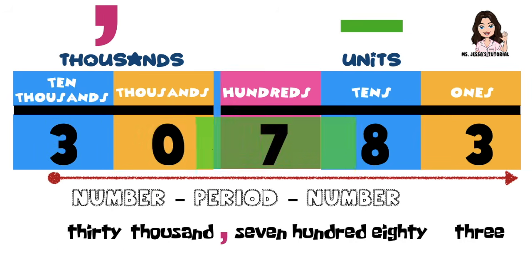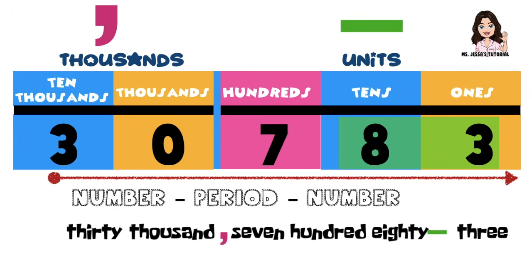At the units period, we have 8 tens and 3 ones. So that is 83. Since 83 is written in two words, we will use hyphen between them. So that is the correct way in writing 30,783. Again, children, please read the number louder. I can't hear you. Louder, children. 30,783.